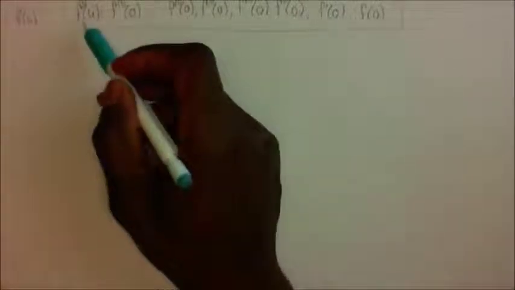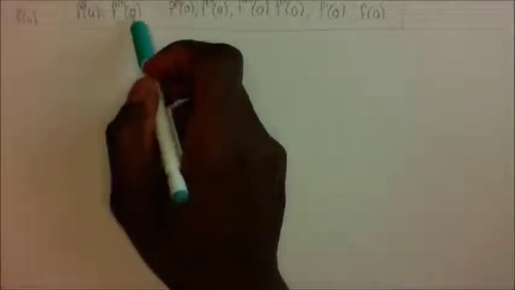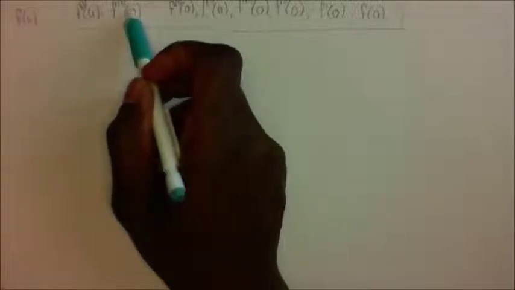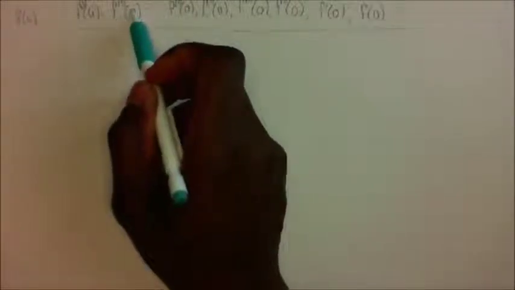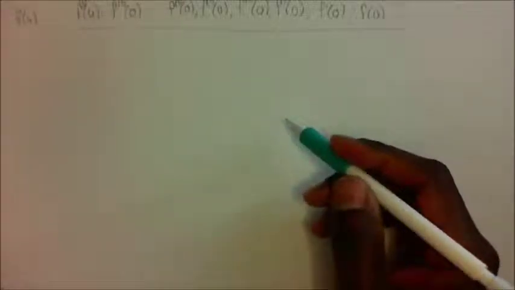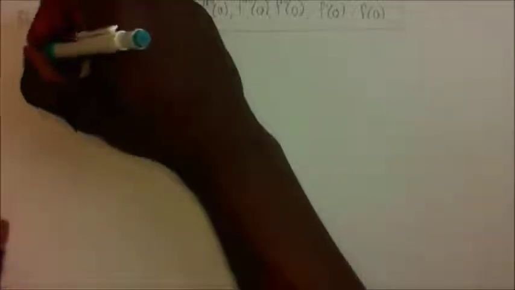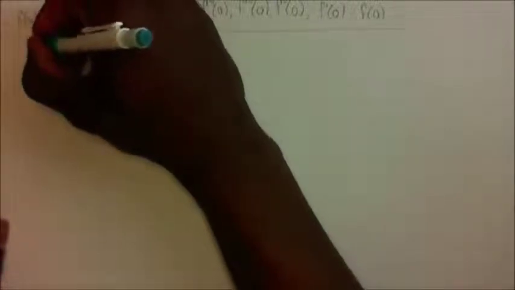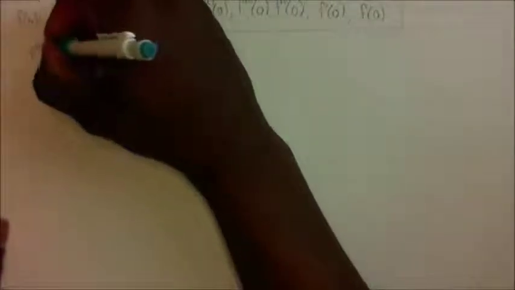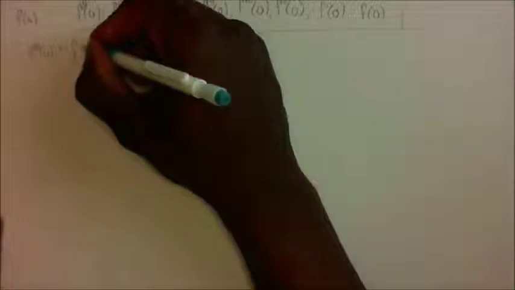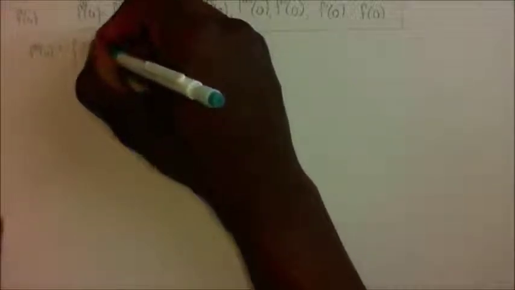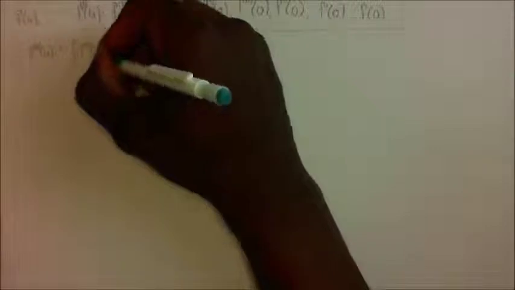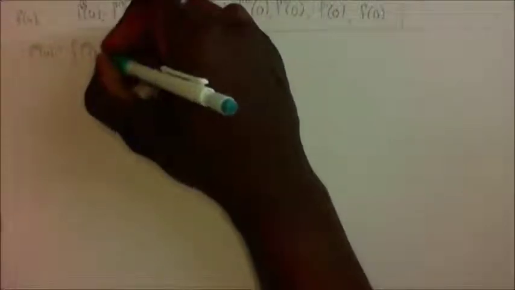So in this case, what I want to do to find the fourth derivative is basically just integrate. f4 of u is equal to the integral of the fifth derivative of u du.